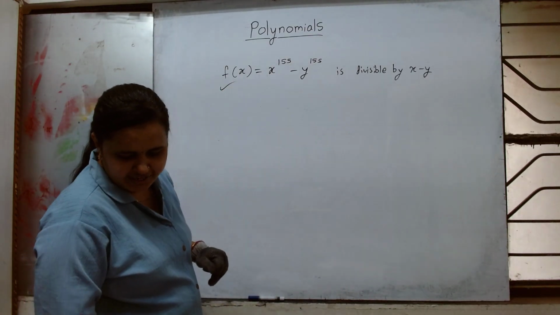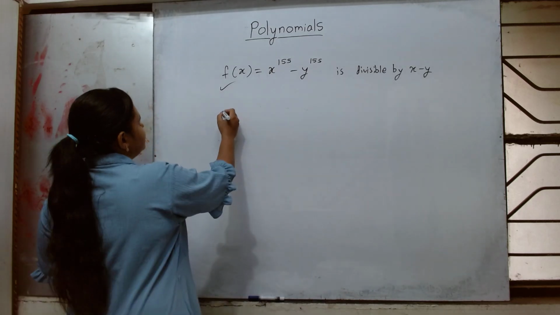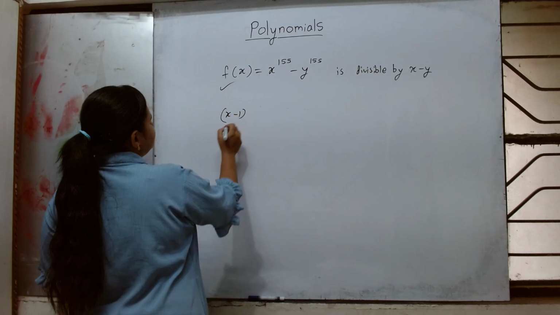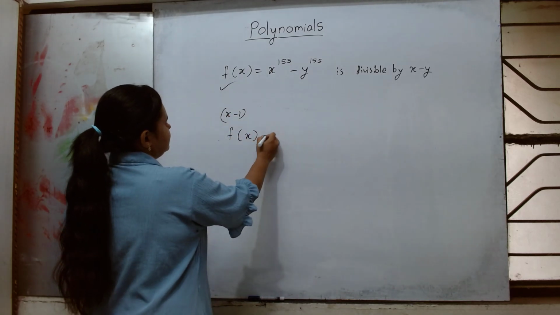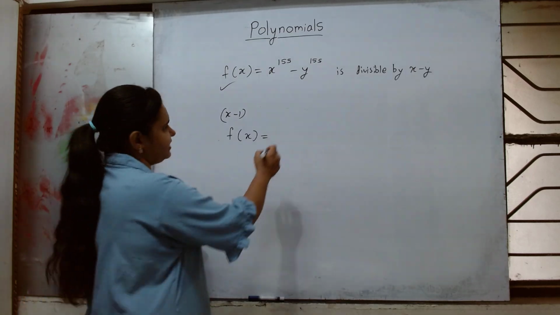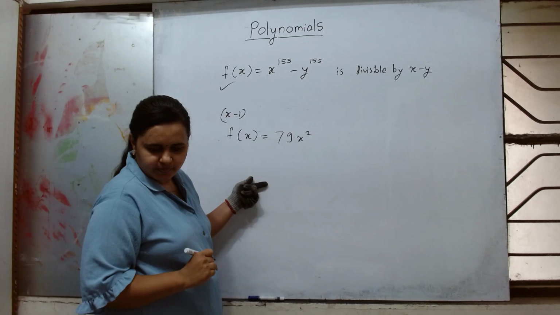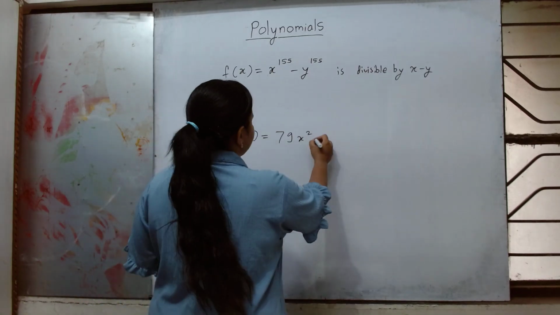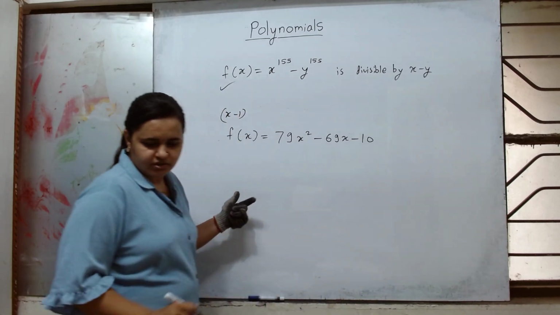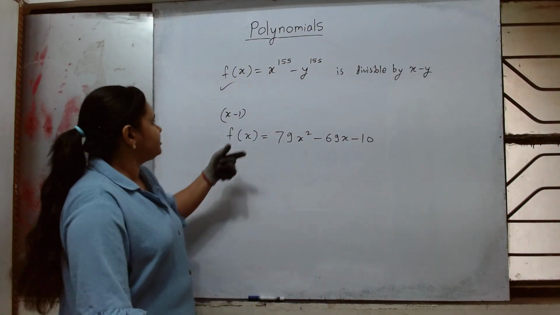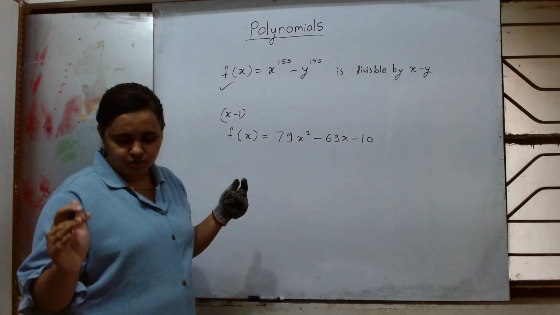Now second one. The expression x minus 1 is the factor of the polynomial. We have to check x minus 1 is the factor of the given polynomial. f of x equals 79x square minus 69x minus 10. So, when x minus 1 is the factor, same, page 14, note 1.